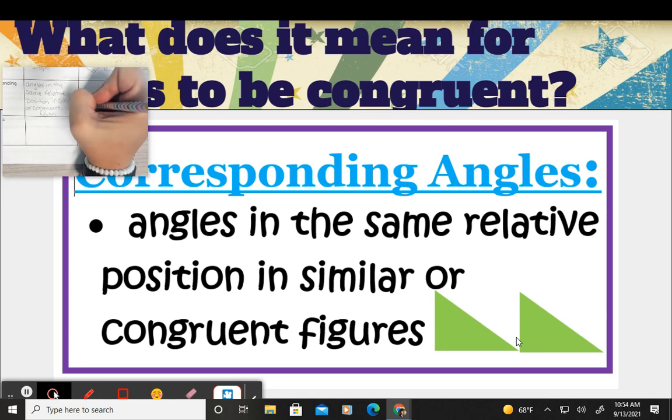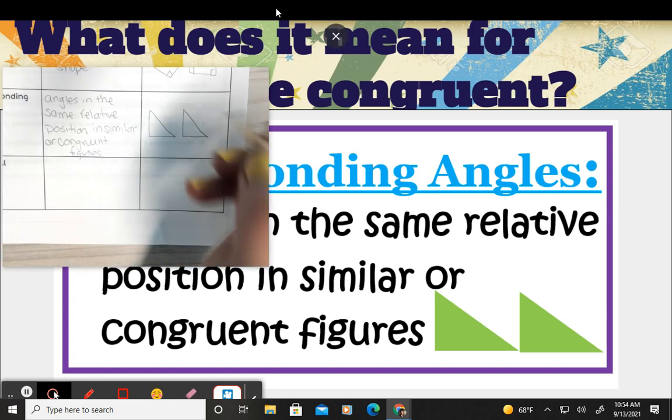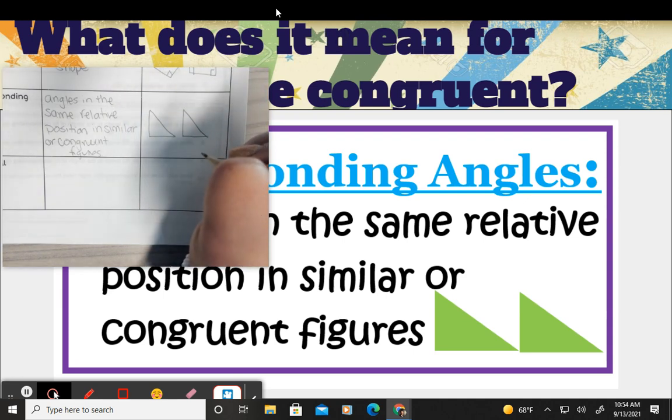So we're going to draw two triangles. We're going to try our best to make them congruent or the same. We'll just pretend, we're not going to bust out a protractor yet. So I'm going to label these sides, and I would like you to do the same thing. I could probably make this bigger for this portion. And I'm going to label each of the angles.